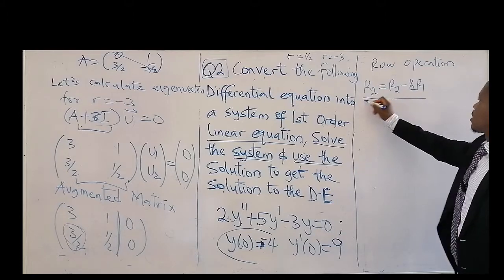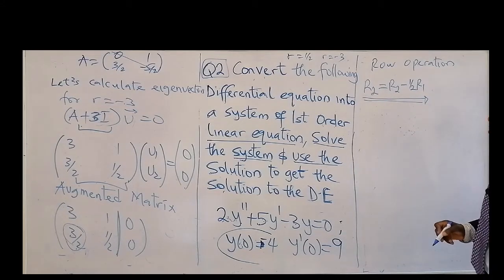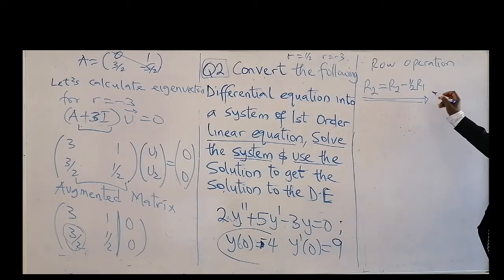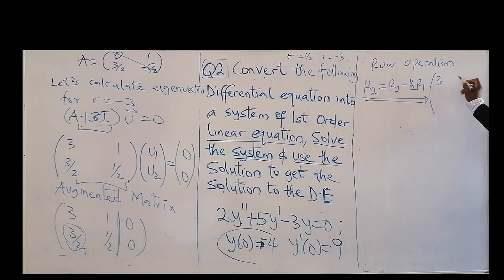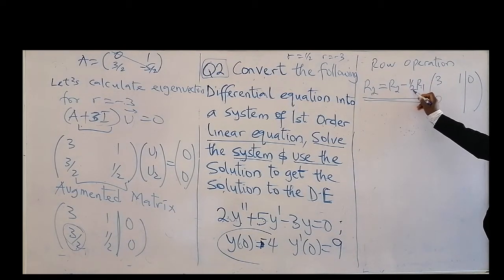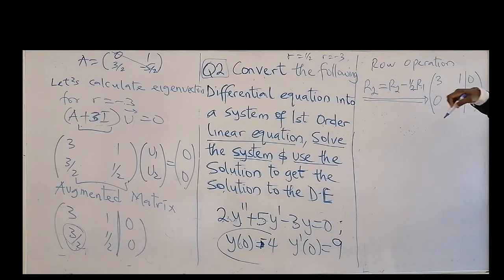So that will achieve that target. Row 1 is not changing, just a reference point. So this becomes 0. By the time you multiply row 1 by half, you have 3 over 2 and half on the first row, so this one also becomes 0. This also becomes 0.